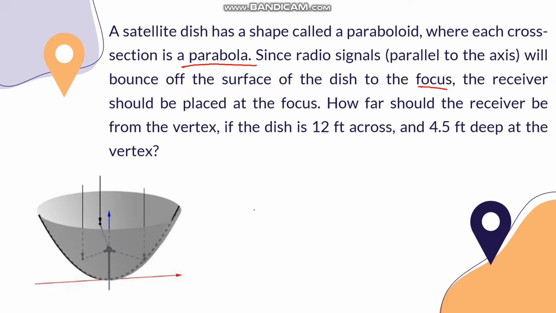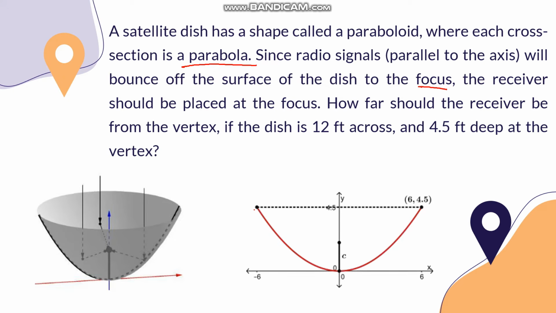Now the question is, how far should the receiver be from the vertex if the dish is 12 feet across and 4.5 feet deep at the vertex? Again, we can illustrate using the Cartesian plane. Let's say this one is the dish, so it's a parabola. Then we have here the focus, or this is where the receiver is placed.